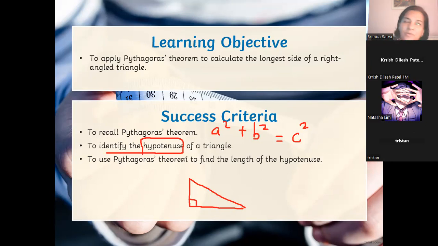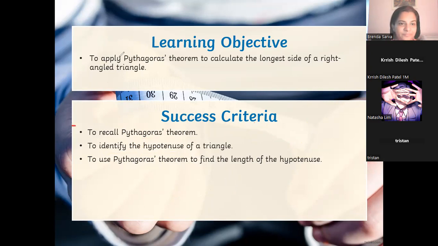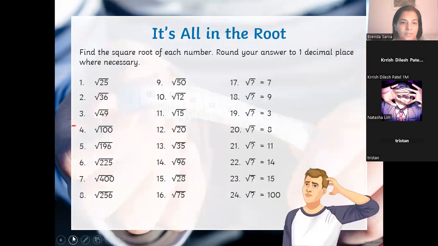In fact any triangle also, but it is definitely suitable for a right angle triangle. And then finally use the Pythagoras theorem to find the length of the hypotenuse. So you will be given A, you will be given B, you have to find C. Do you understand now what we are doing here? The very long side. Okay, good. So let's move on to some examples.